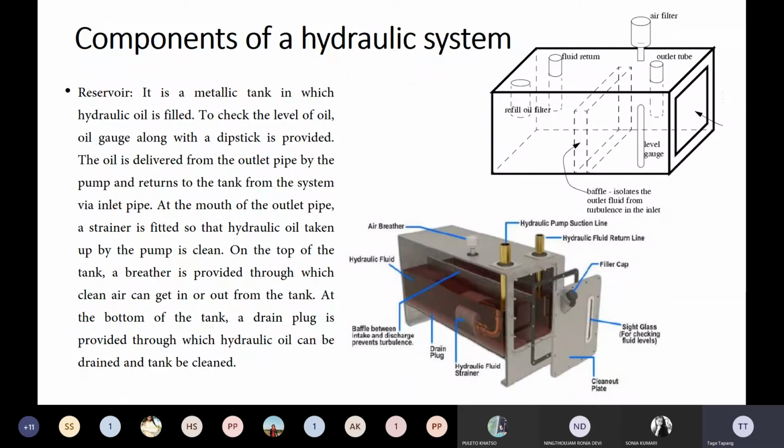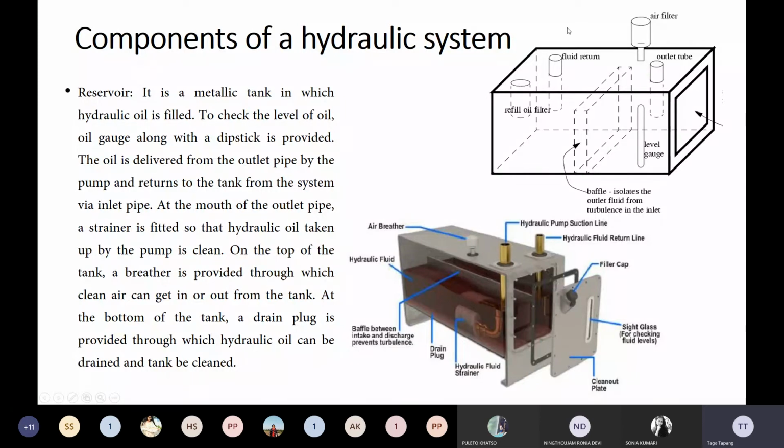So we need to store some amount of hydraulic fluid, which can be circulated in various parts of the machine. So the storage for such type of fluid is called reservoir. You can see here, it's a simple tank.